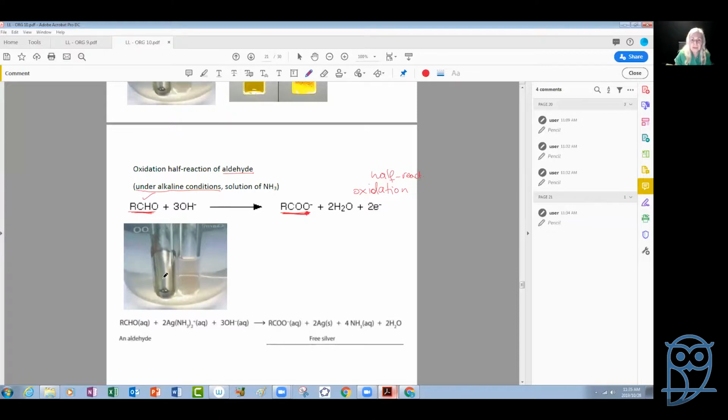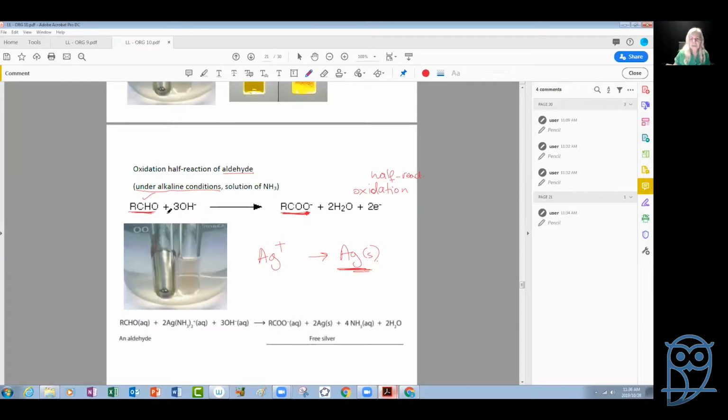It looks like a silver mirror. So the aldehyde is oxidized, obviously, and the silver cations are reduced to silver metal, and this is an indication that this is an aldehyde and not a ketone.